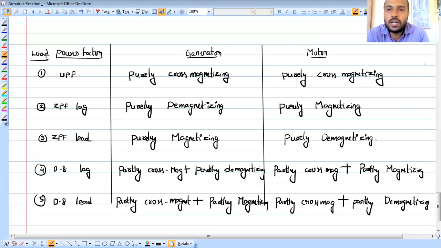Load is proportional to armature reaction. Is there any doubt in this one? If you have any doubt, raise your hand. No doubts, right?